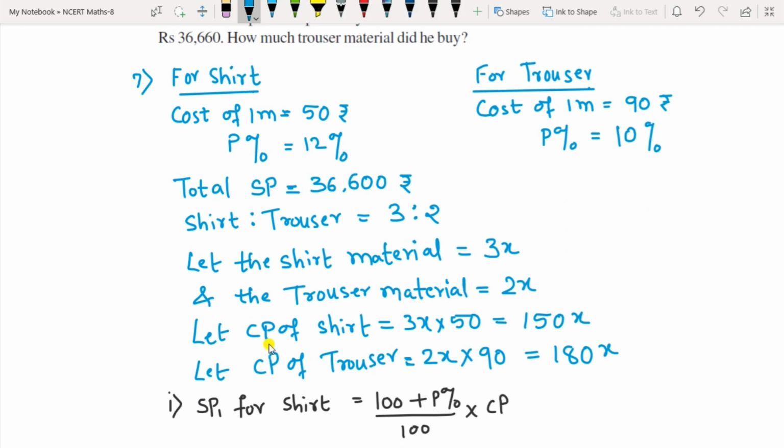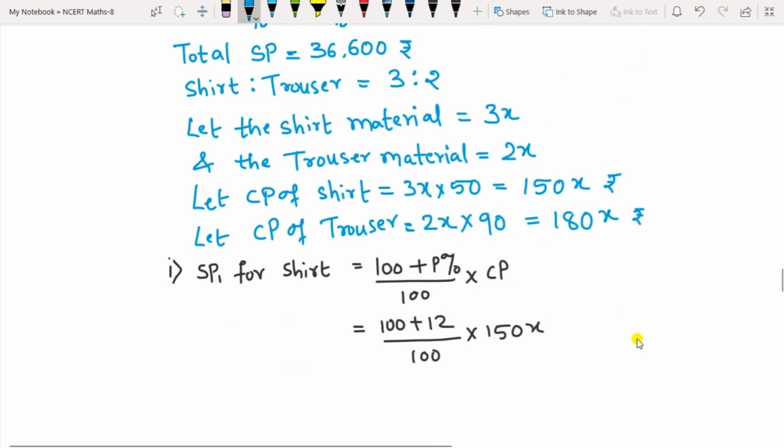Now you have to find the cost price of shirt. So it becomes 3x multiplied by per meter is 50. So 3x into 50 equal to 150x rupees. That becomes the cost price. And for trouser, 2x into 90, it becomes 180x rupees. After that find the selling price for shirt.